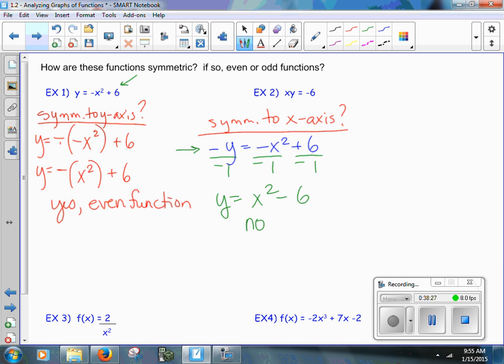What's the next one I have to try? Symmetric to the origin. Okay? I got to try both. Here we go. I'm plugging in negative y, and remember that negative sign goes down with the equation, negative x being substituted in for x plus 6.